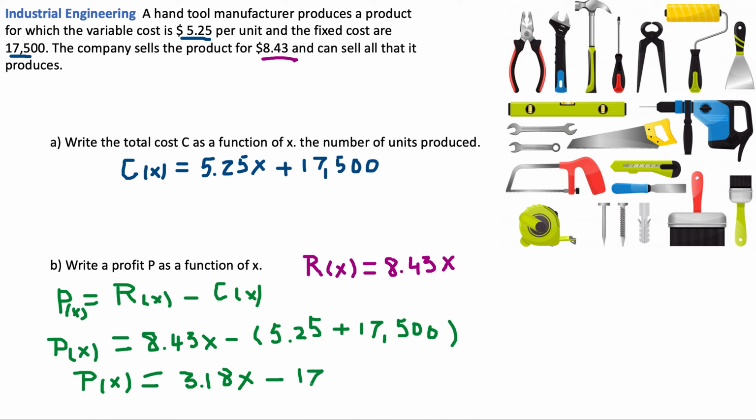We just drag the number here, and we get the final answer for the profit as a function of X. So P of X is equal to 3.18x minus 17,500.